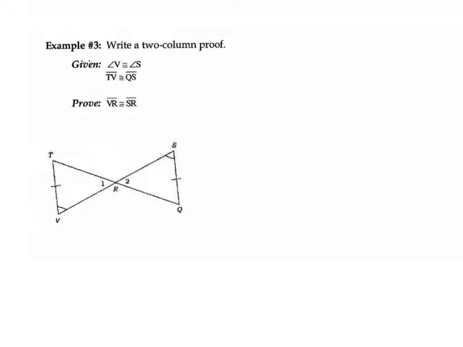So in this last example, we're going to write a proof to show that VR is congruent to SR, given that angle V is congruent to angle S and TV is congruent to QS. So we aren't actually proving the two triangles congruent, but we will use triangle congruence at some point in our proof. So we set up our columns.